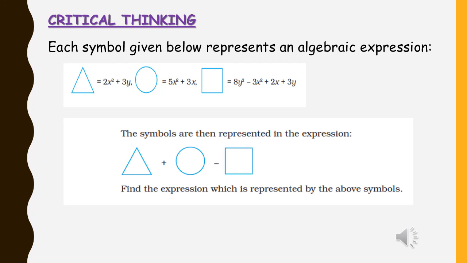Now, the expression is not given in terms of numbers and literal coefficients. It is given in terms of the shapes. So we have to replace the shapes with the given algebraic expressions, and then we have to simplify it. Let us try solving it.